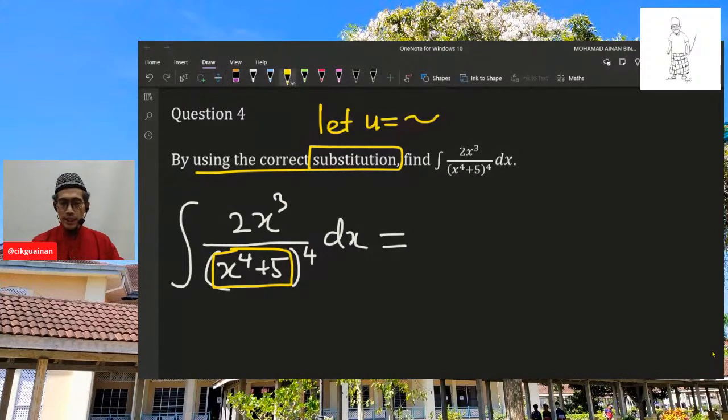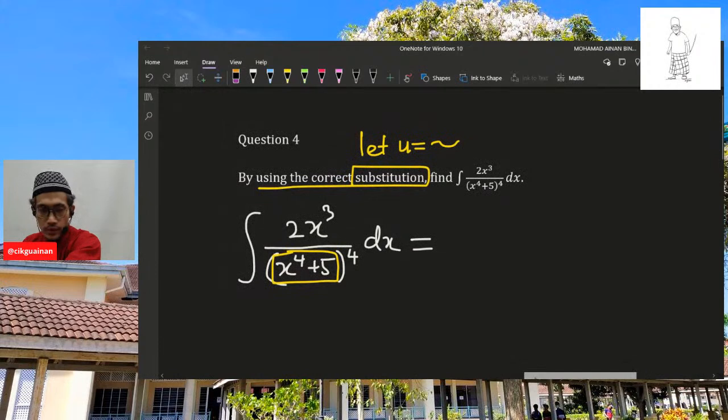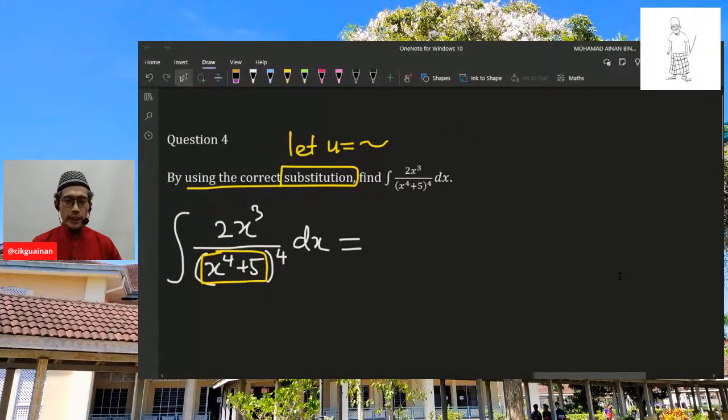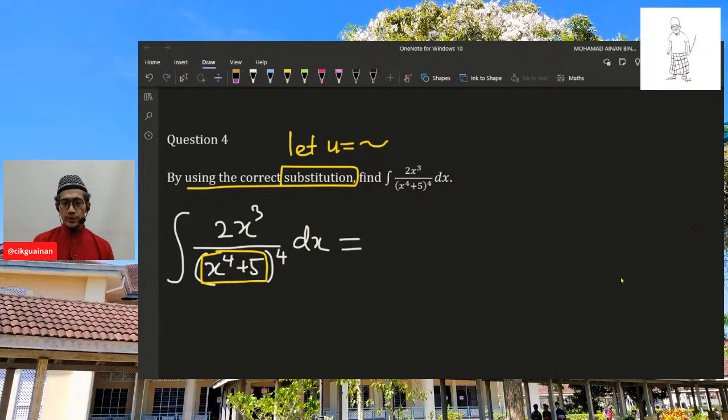Let me make it bigger. Okay, that's better. Now I'm going to write my let u over here because we are going to substitute. So let u equal x power 4 plus 5.